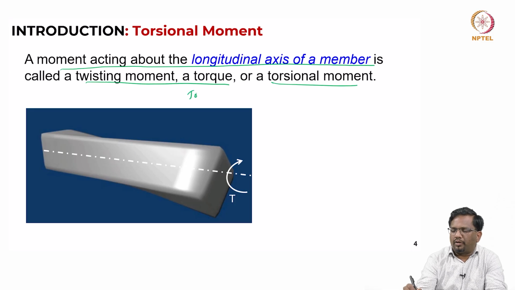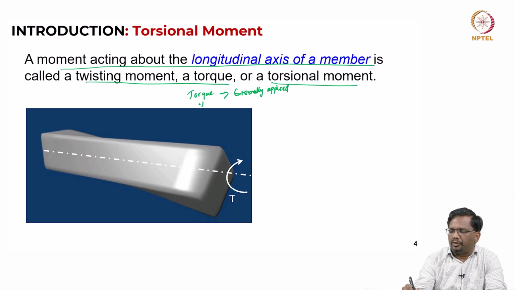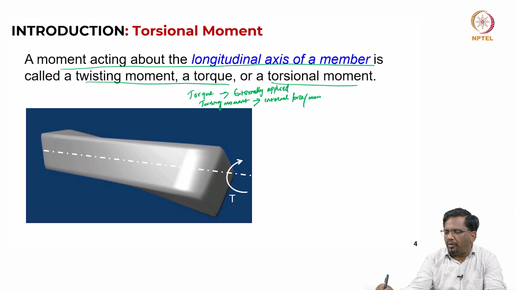Typically, torque refers to the externally applied moment, and twisting moment is the internal force or moment. Okay, that is the typical nomenclature that we usually follow.